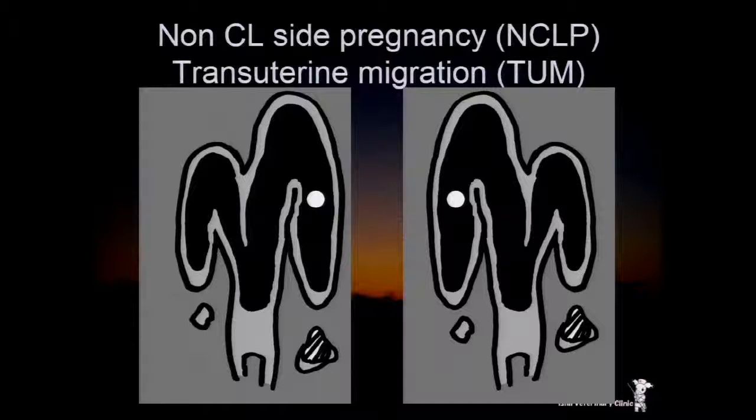In the case NCLP occurred in inseminated cows, it is considered that this TUM occurred. TUM usually occurs in multifetal animals. There is a role to equalize the number of pregnancies on the left and right horn, but it is rare in cattle.